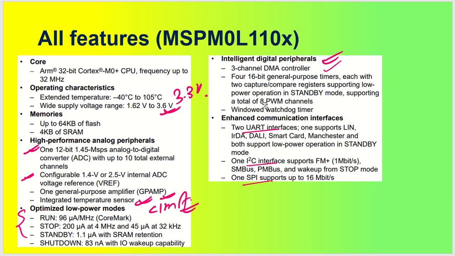That's the best thing, so you can utilize these for motor applications also, like small household motors. We have UART, IrDA and DALI, and then we have I2C and SPI. Those things are also there.